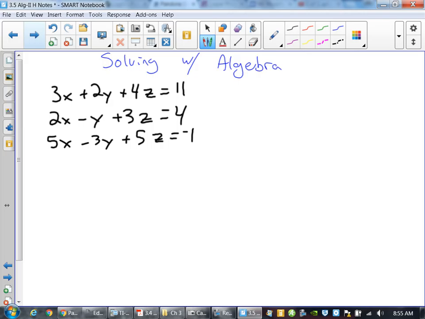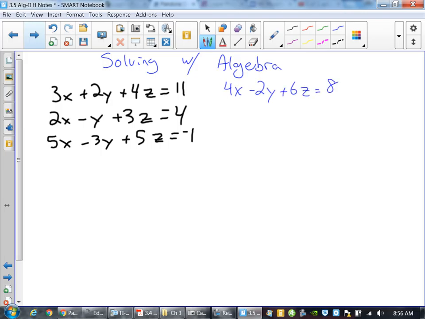How do you want to start? First and second. First and second, okay. I'm going to take the second equation, multiply it by 2, and write that first. So I have 4x minus 2y plus 6z is 8.